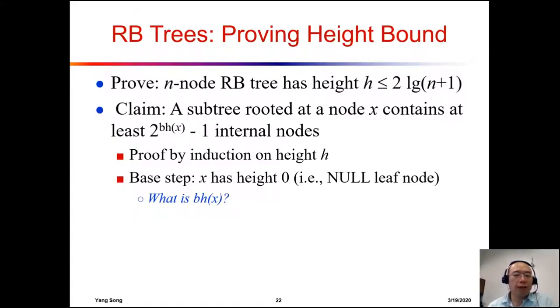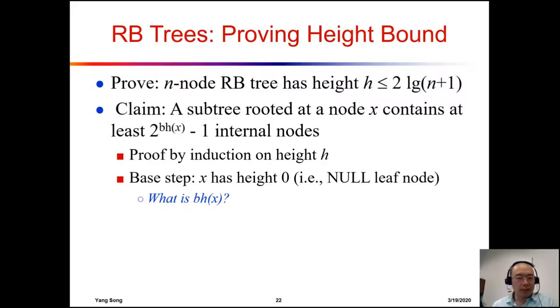So if a node has a height of 0, and we are talking about the Red-Black tree, that is a fake leaf, or, well, we can say it is a null leaf node, because that is not usually the leaf we are talking about. That is the additional level of leaf we added in the Red-Black tree.